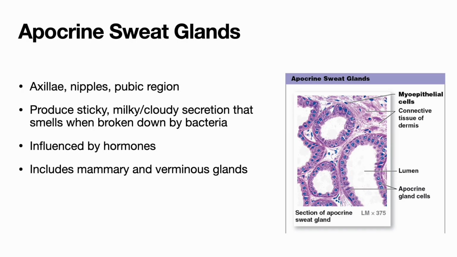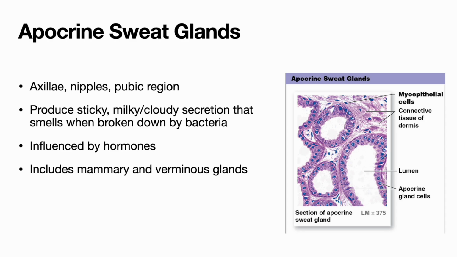Apocrine sweat glands are going to be a little bit different. They're going to use merocrine as their method of secretion, so basically exocytosis. We're going to find these in the armpits, around the nipples, and in the groin area. The secretion that they produce is stickier, it's milky or cloudy, and because of the molecules that are in it, bacteria like to feed on this secretion, and when they break it down, it can release a pretty strong odor.